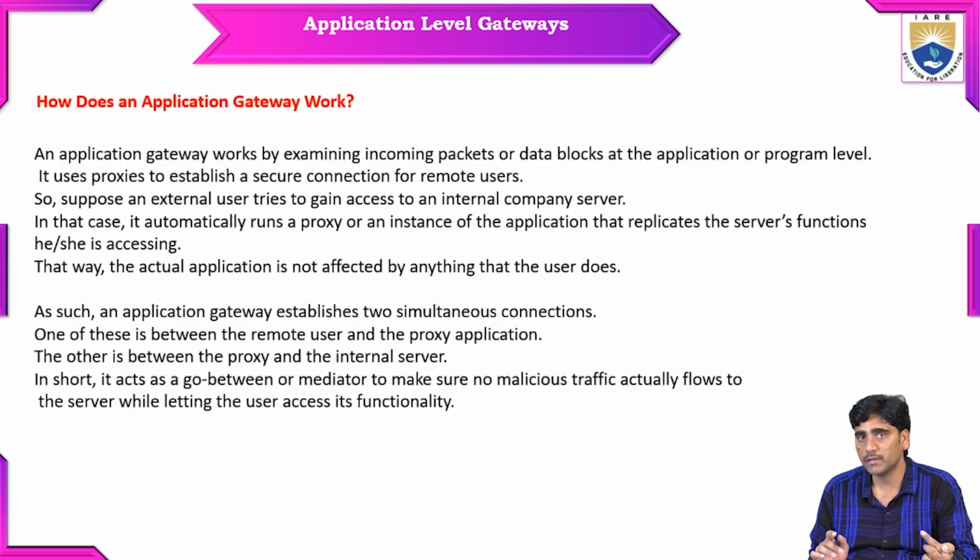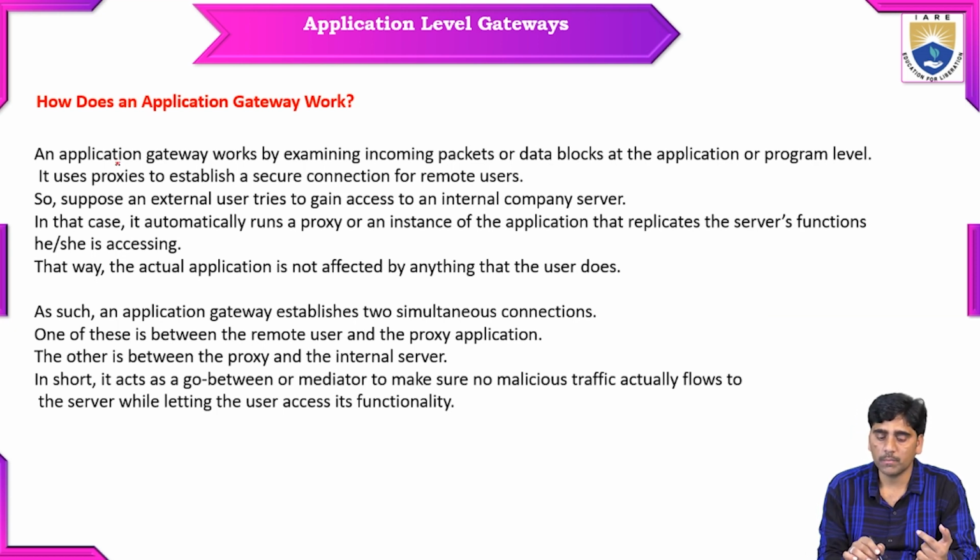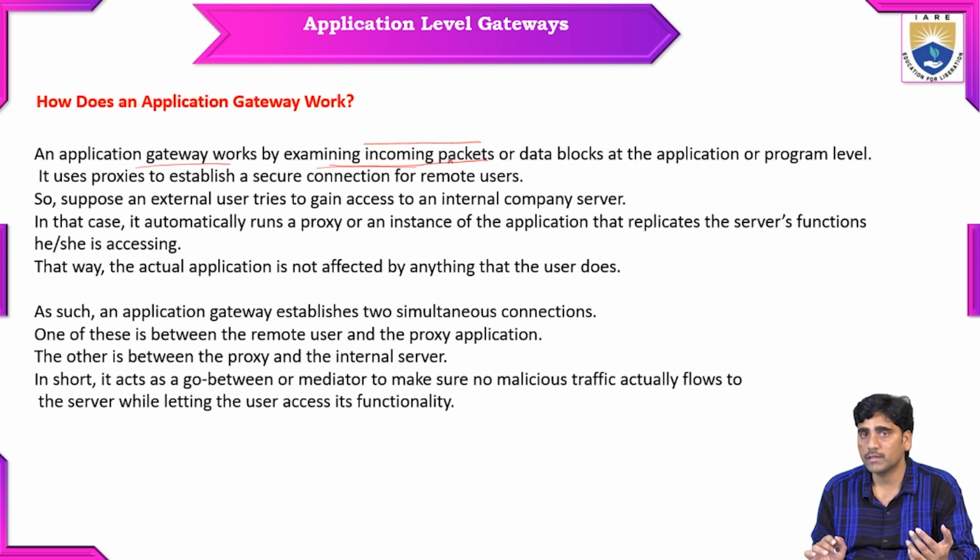How does an application level gateway work? An application gateway works by examining each incoming packet. First of all, it receives the incoming packets, and deep inspection is nothing but examining each incoming packet or data block at the application or program level.